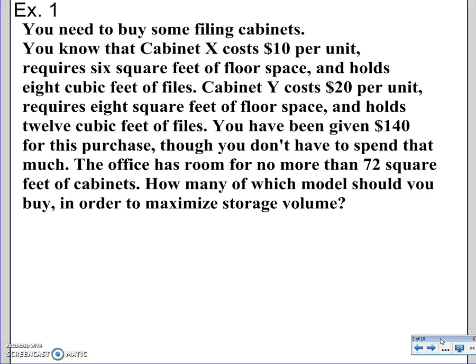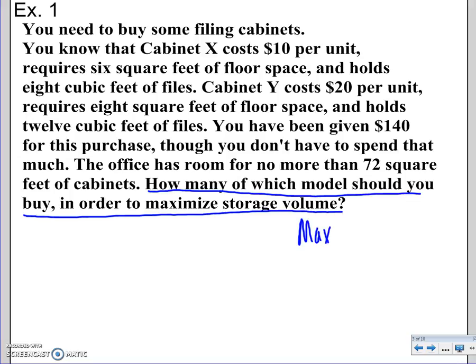The final question tells us our end equation, our profit equation. We're talking about how many of each should we buy in order to get max volume. So I'm going to do my final equation: volume max is, well, the X cabinet gives us how much volume?